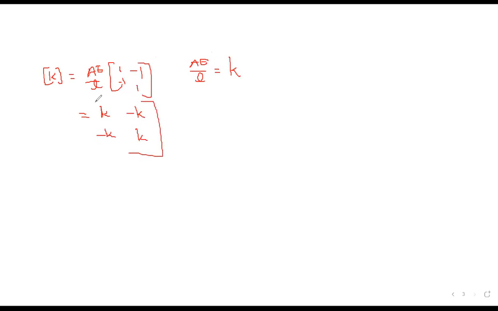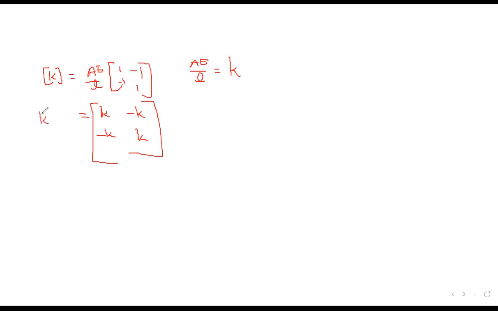The stiffness matrix k, previously equal to AE by L into 1 minus 1 minus 1 1, can be written, since I have assumed AE by L is equal to small k, by multiplying it with each and every element, as small k, minus small k, minus small k, small k, where k is the stiffness, defined as AE by L.